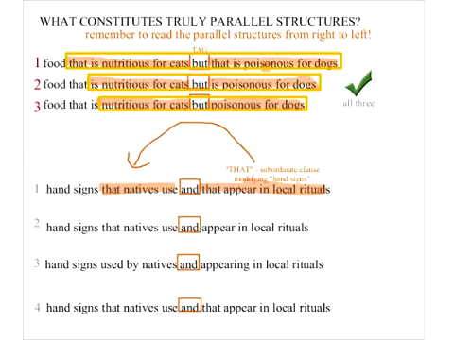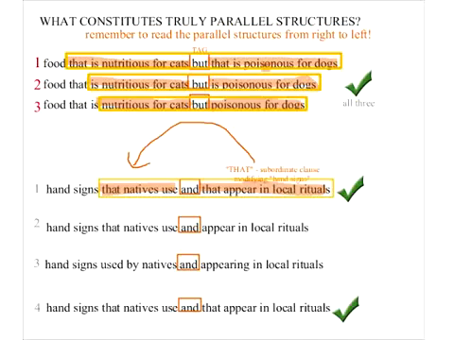So here is your overall parallel structure. That native use and that appear in local rituals. So this one is correct. Smiley face if that makes sense. So number 4 is the same as number 1, so that means number 4 is also correct.